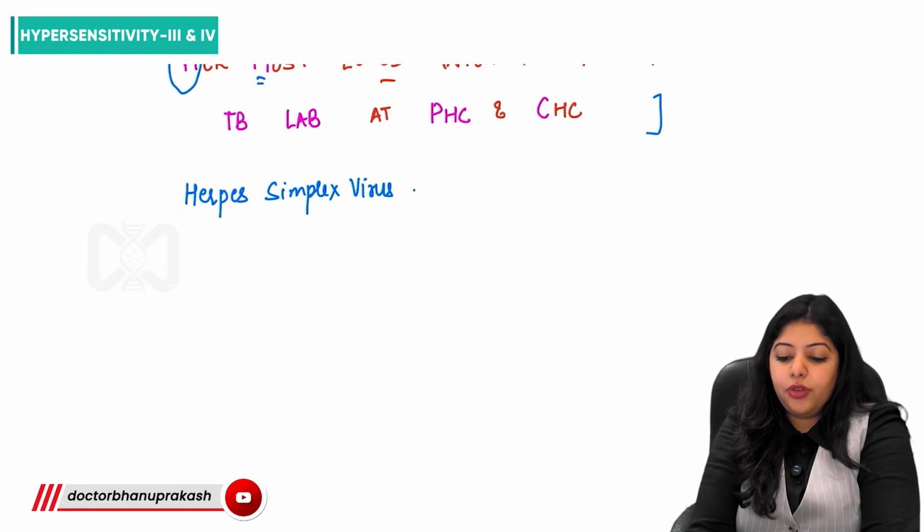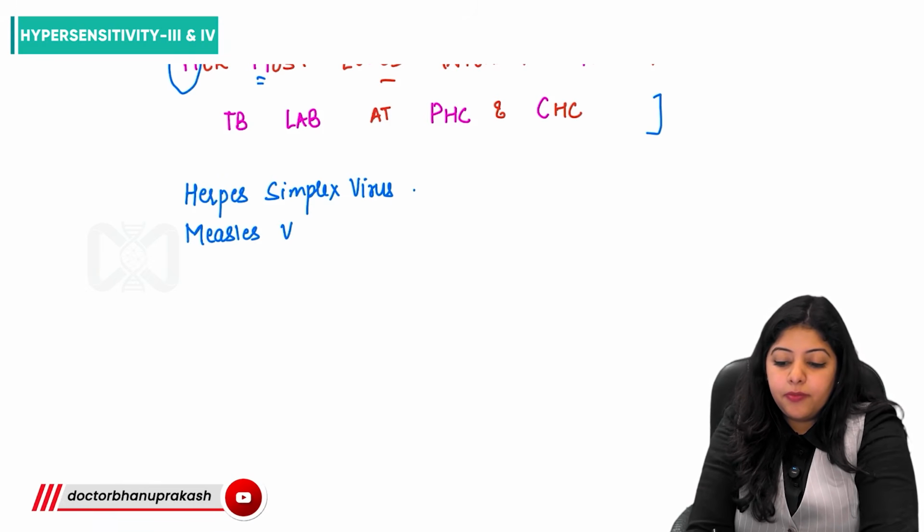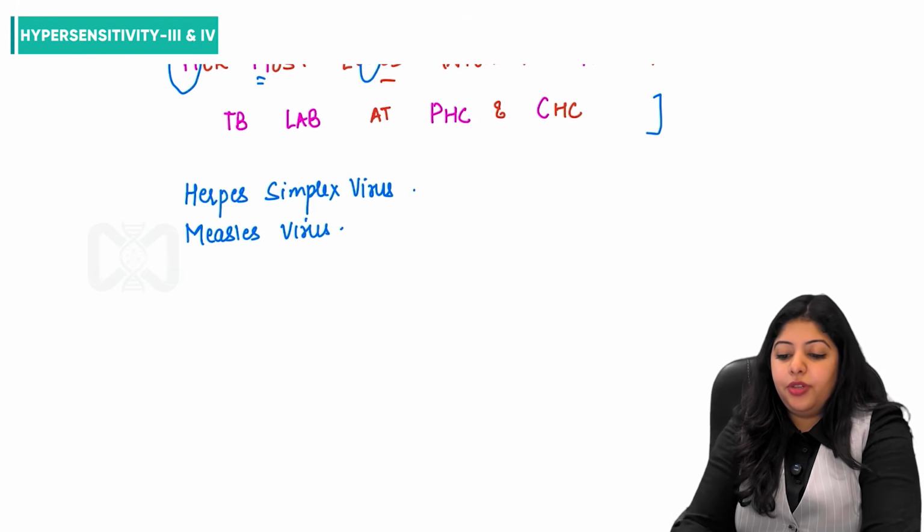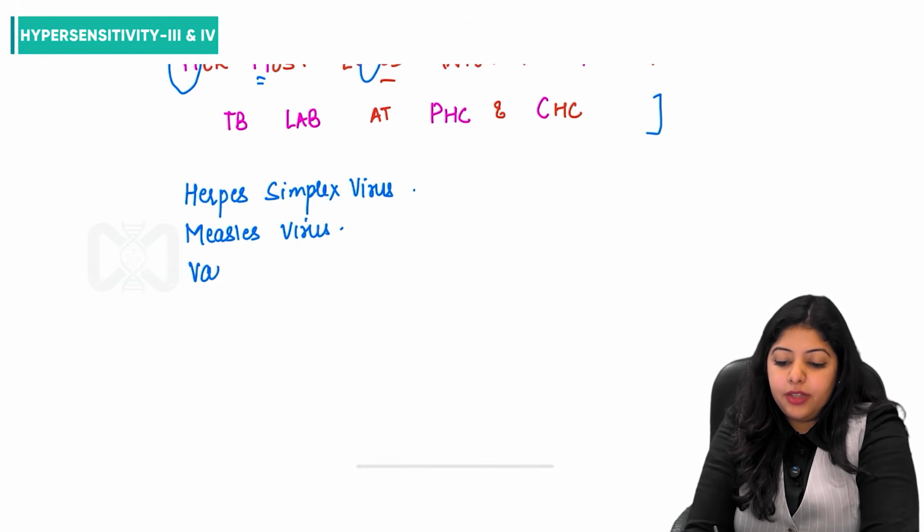M stands for measles virus. V stands for variola virus.